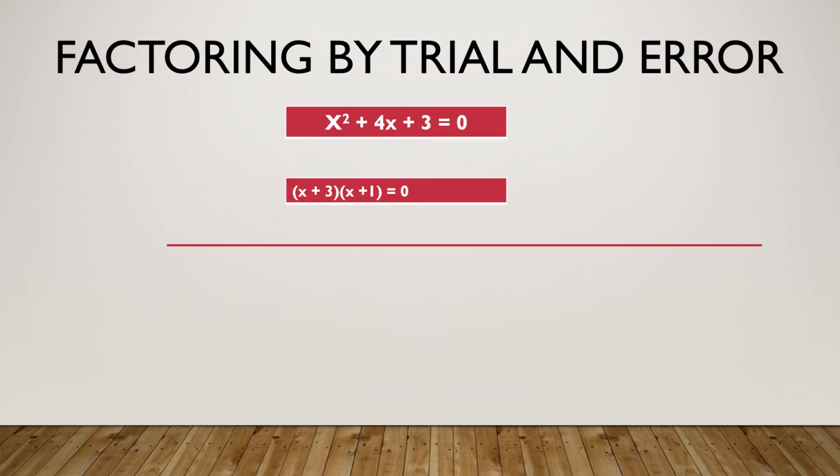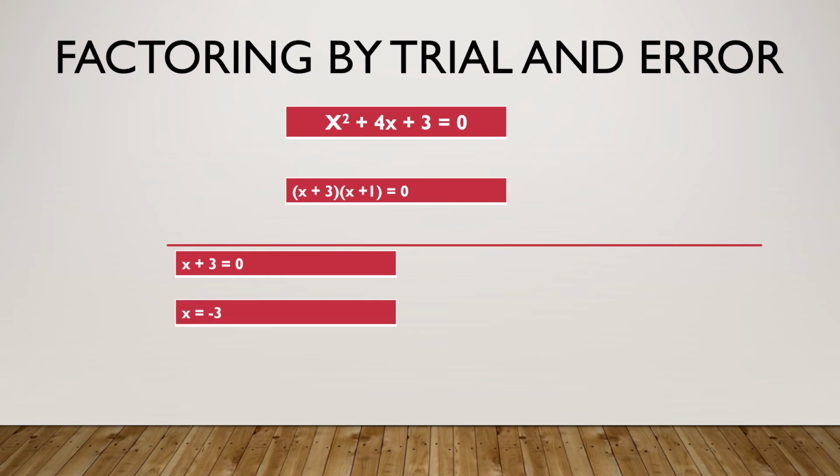So our equation becomes x plus 3 times x plus 1 equals 0. So take the first factor, x plus 3, then equate this one to 0. So that would be x plus 3 equals 0. Then transpose positive 3 to the right, becomes negative 3. So the value of x here is negative 3.